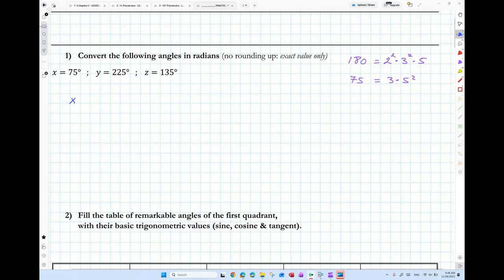X is 75 degrees, and in radians would be 75 divided by 180 times pi.